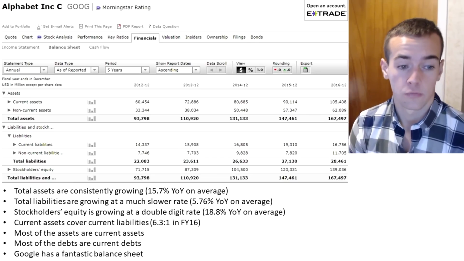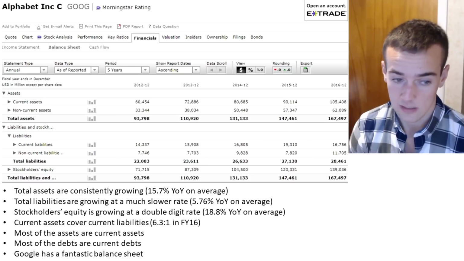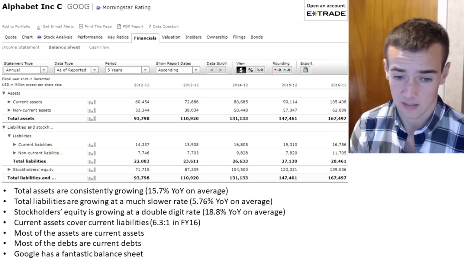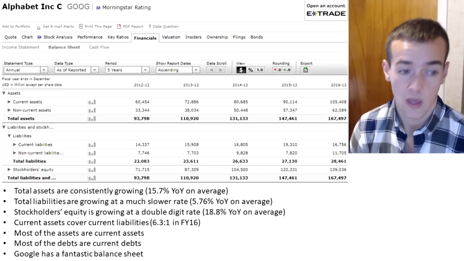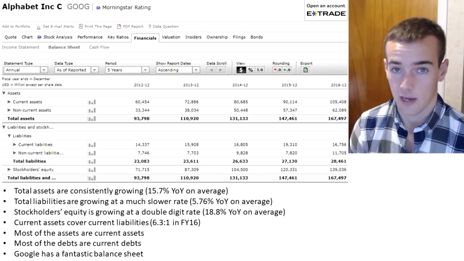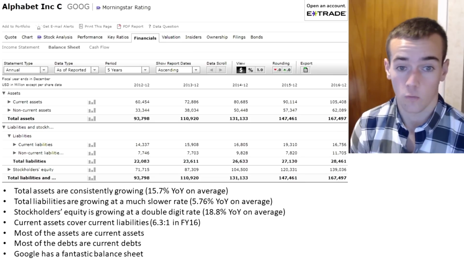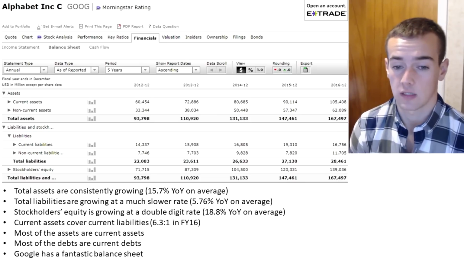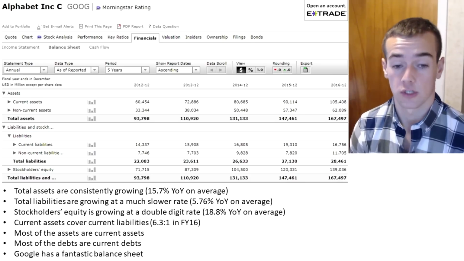Then we look at total liabilities to see if they are growing, and they are growing at a much slower rate: 5.76% year over year on average, versus the 15.7% growth for the total assets. And then we look at stockholders' equity. Again, we want to see this growing at a double-digit rate, and over the last 5 years there has been an 18.8% year-over-year growth of the stockholders' equity on average, which is fantastic.